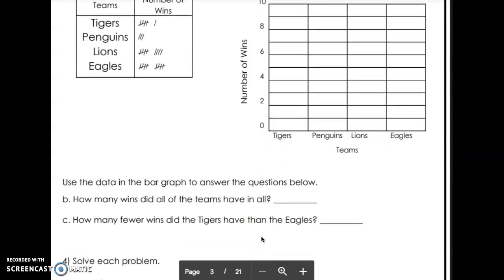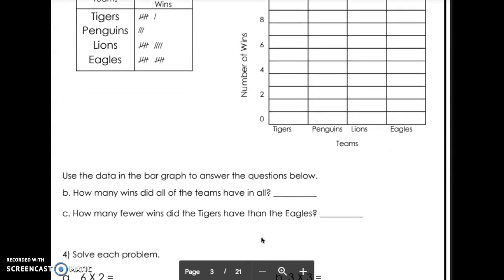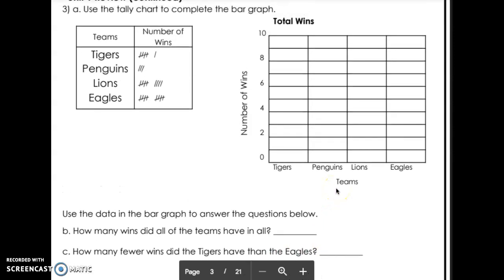Then you go down here and answer the questions about the graph. How many wins did all the teams have in all? In all, that means you have to add them all up. You're going to add all the numbers up, 6 and 3 and 9 and 10, and get your answer.